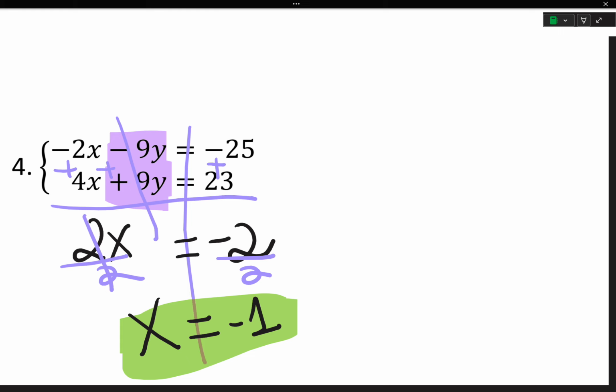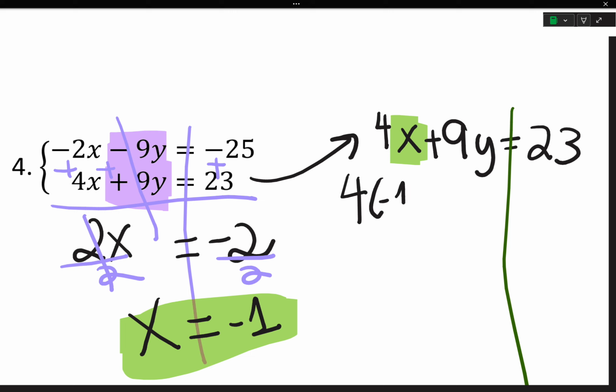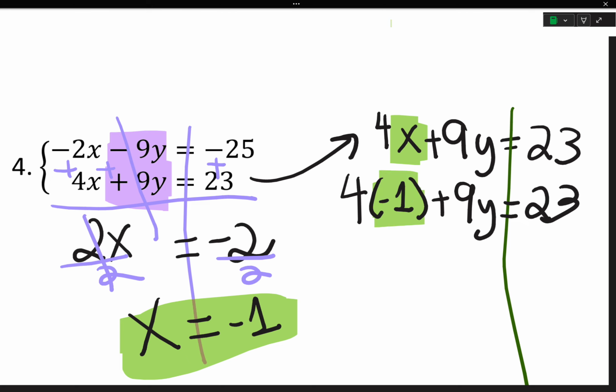Let's find y. Let's plug it into the second equation. Sometimes, you might hear me say in later problems that I like picking equations that have smaller numbers in them, but it really doesn't matter which one you choose, as long as you have the right variable and you're plugging it into the correct space. In this case, we have x, so we're going to replace x with negative 1. So now we have negative 4 times negative 1 plus 9y equals 23.